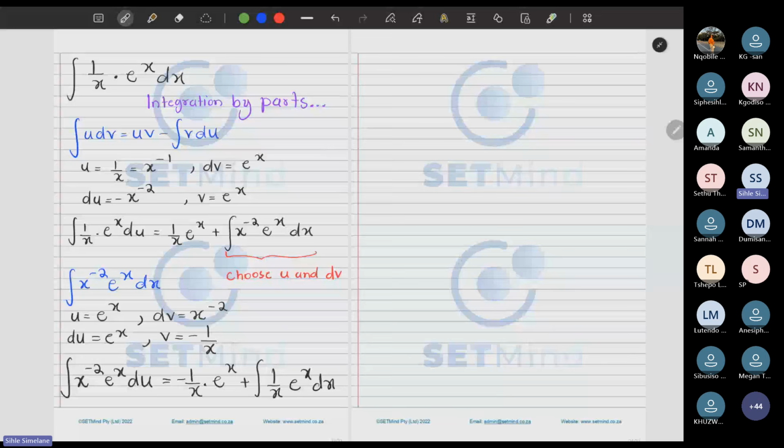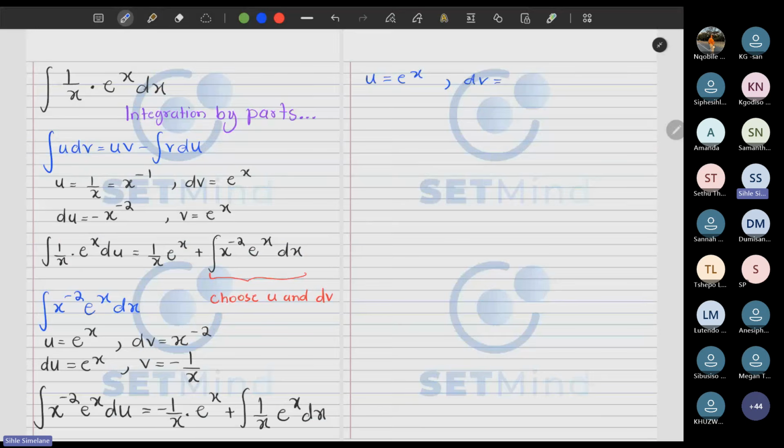Yep. So if you take u and make it e to the x, which means dv becomes 1/x, which means du is e to the x, which means our v is ln x. Okay.